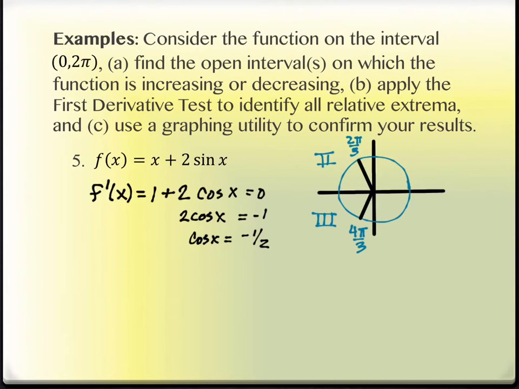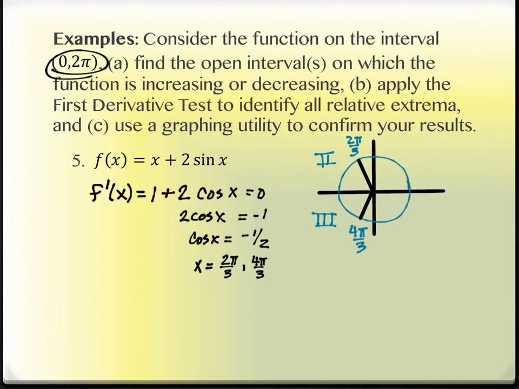Good. So over here, these x values, and I am still looking at it being on the interval from 0 to 2 pi. It just shows up in the directions instead of in the problem itself. So I am still going between 0 and 2 pi, so my unit circle that I drew made sense to do. So I've got the two values of 2 pi thirds and 4 pi thirds.